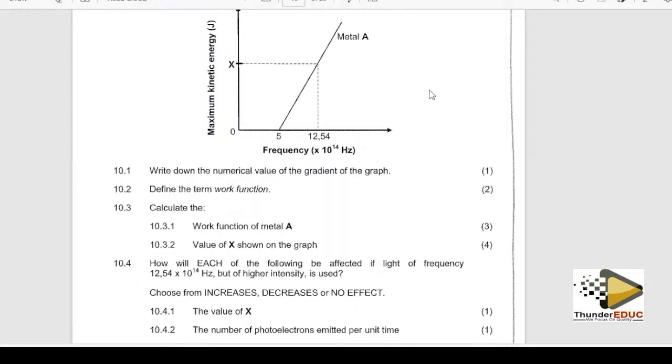Okay, so guys, we're done with... oh, we're not done. They told us the work function. So we got the work function as 3.315 times 10 to the negative 19 joules.